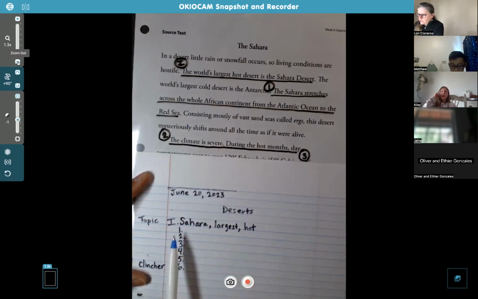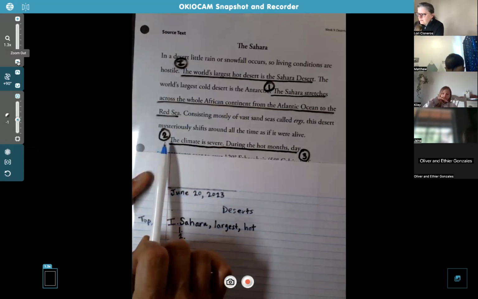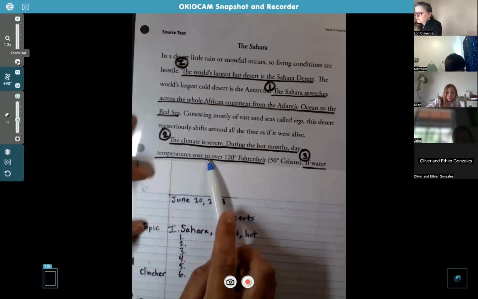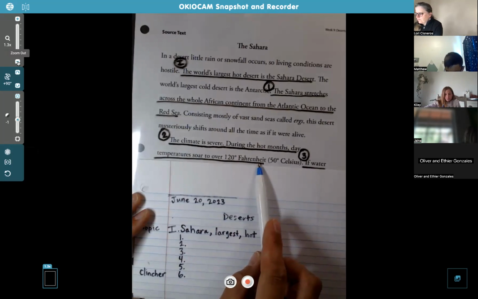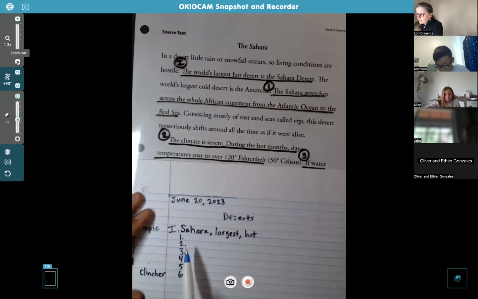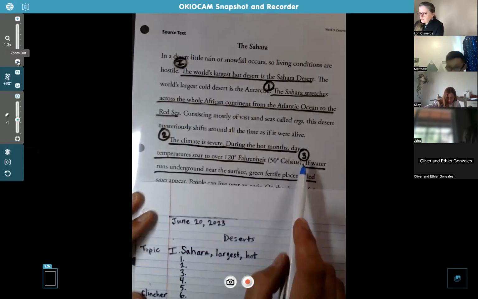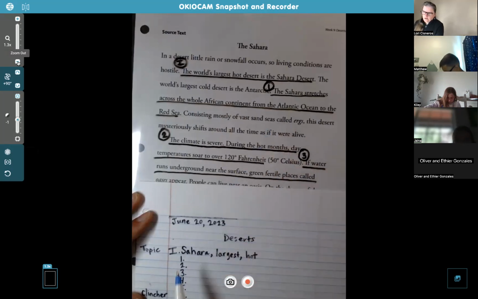Then you go to number 2, you already have it labeled here. The climate is severe. During the hot months, day temperatures soar over 120 degrees Fahrenheit. So you could say climate, severe, 120 degrees Fahrenheit. Then you go to number 3. You see how I'm doing that? These numbers connect to what you underlined.